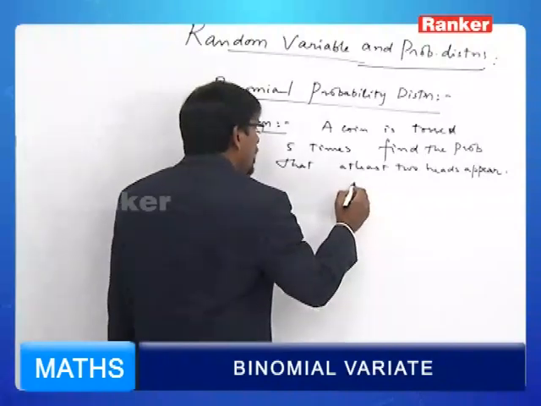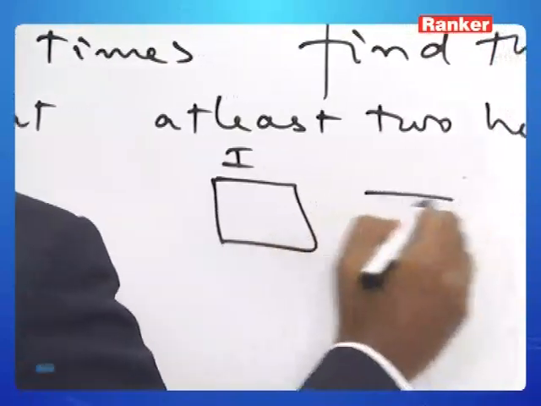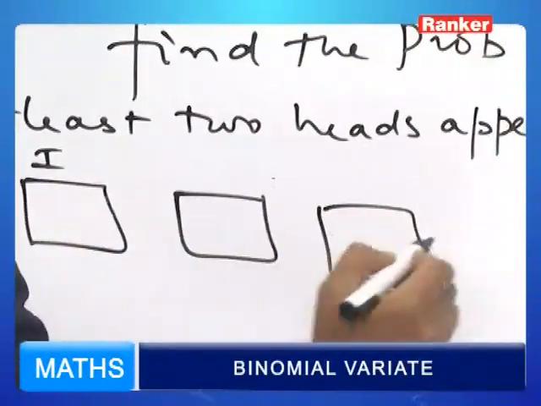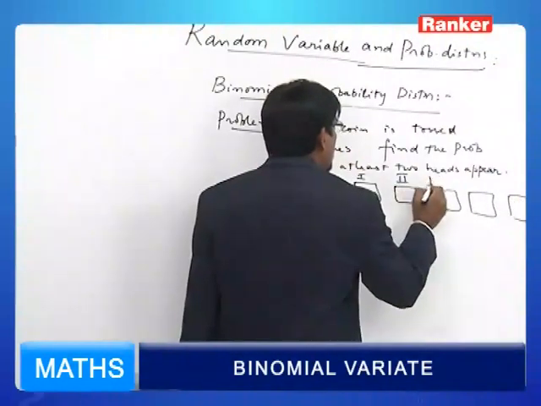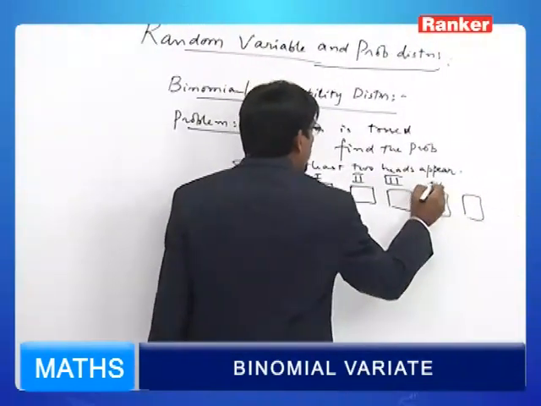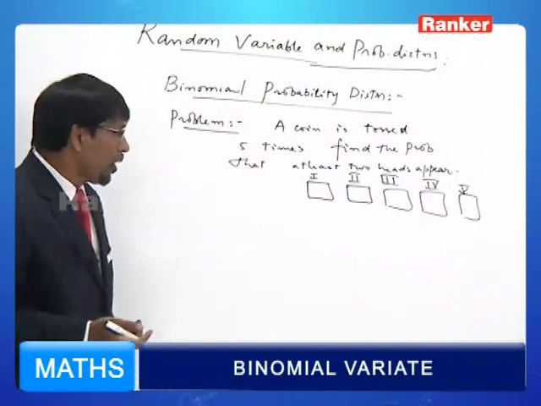So we have a coin which is tossed five times on five different occasions. Whatever the outcome is, I'm going to put it in these five boxes: first, second, third, fourth, fifth. Clearly there will be 2^5 outcomes.